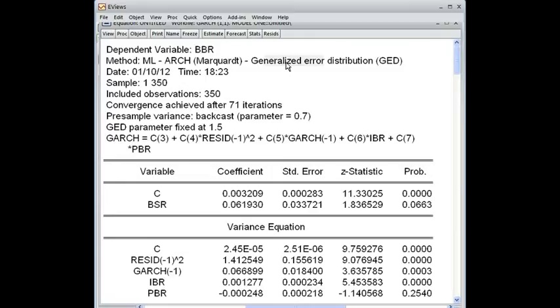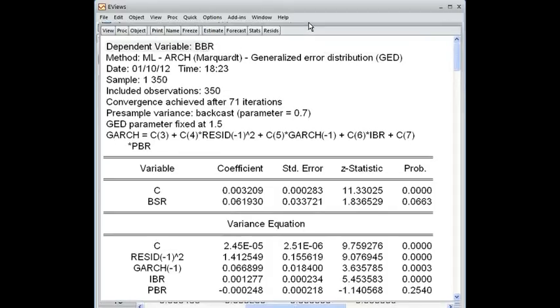You see the GED output has come up. And what is our dependent variable? The dependent variable is the variance of the residual that we have derived from the mean equation, the variance of the residual of BBR. What does it mean? It means the volatility of BBR.